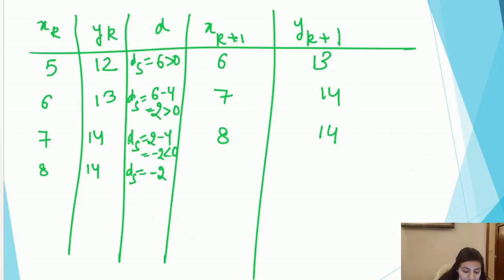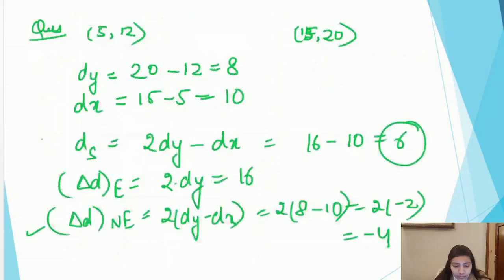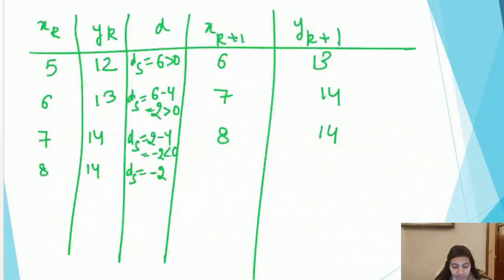So minus 2 plus 16, which comes out to be 14. The value is greater than 0.